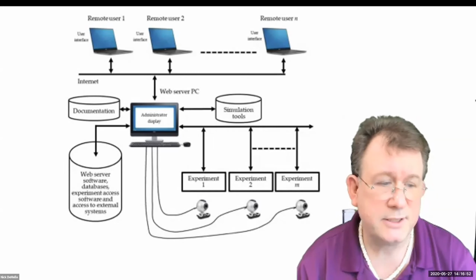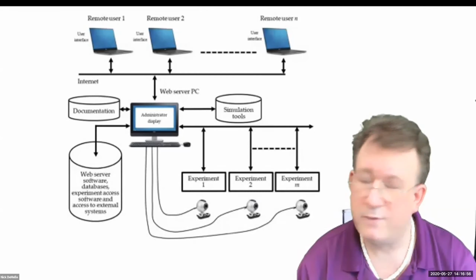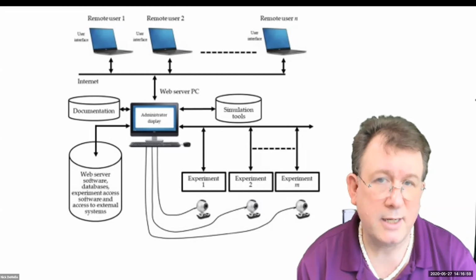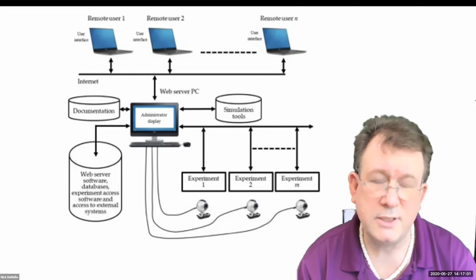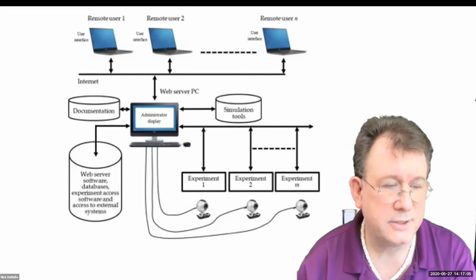Remote participation is something that took off about 3-4 years ago. There's been a number of NSF grants for this, and the idea is this: you set up cameras and instrumentation in the laboratory, and students can access these experiments remotely.